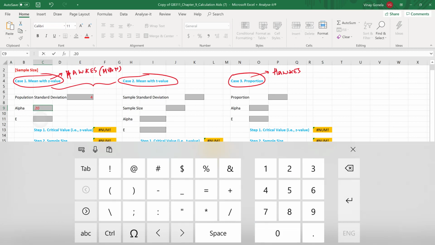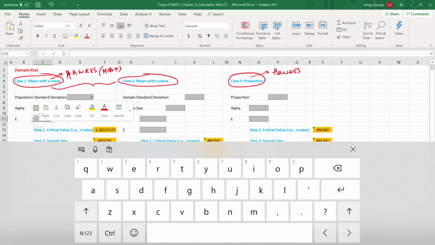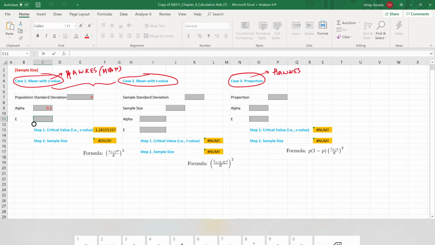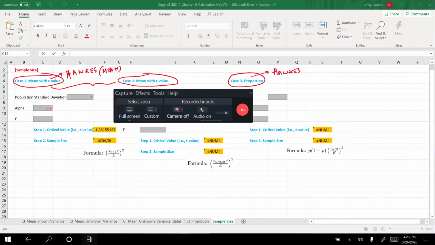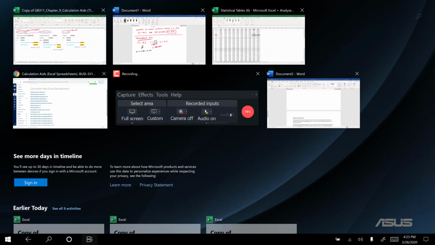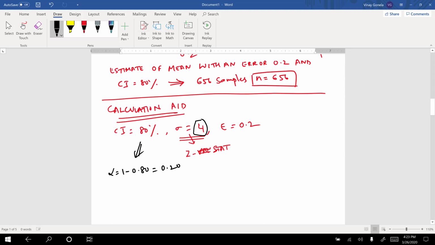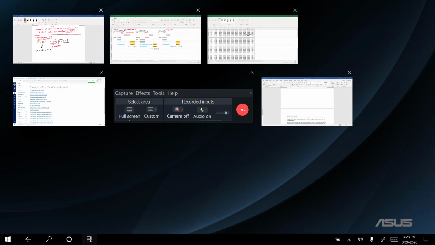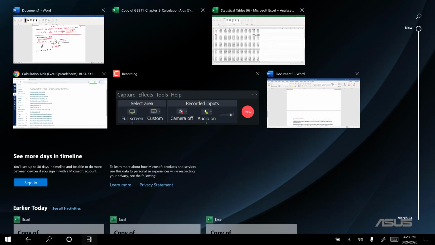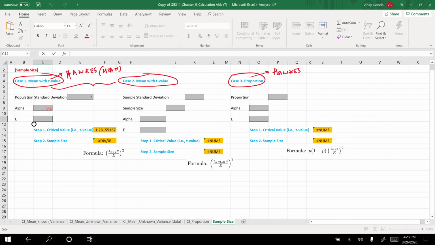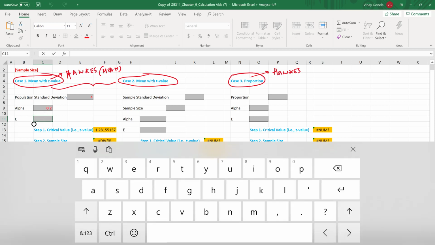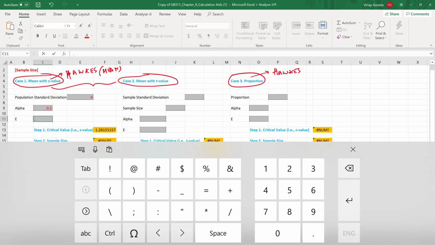And then my margin of error. Let me check, that's 0.20 or 0.2, so I will type in 0.2 and hit enter.